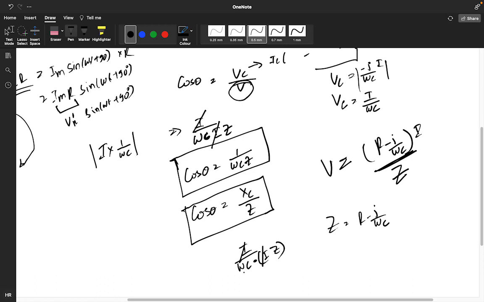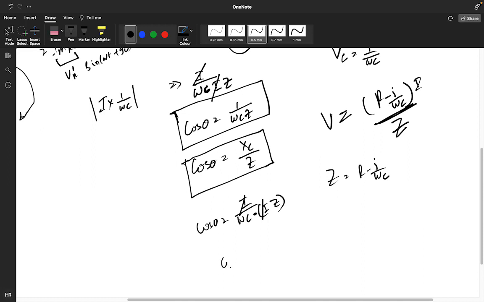So this is getting cancelled out. So cos theta value for the RC circuit is coming like 1 upon omega C into Z, omega C Z.